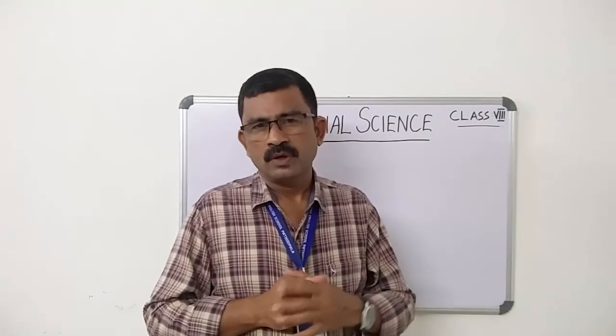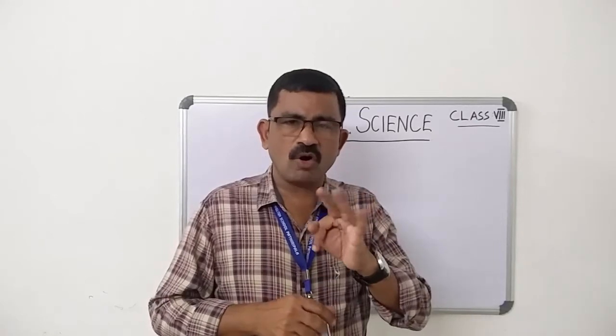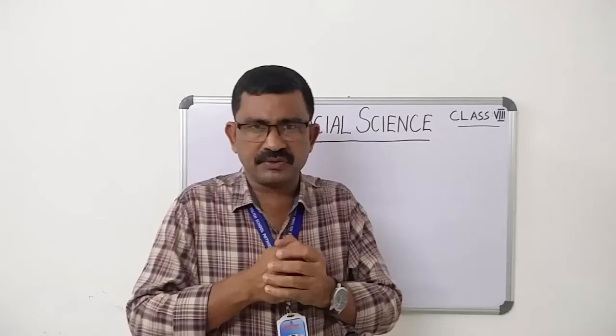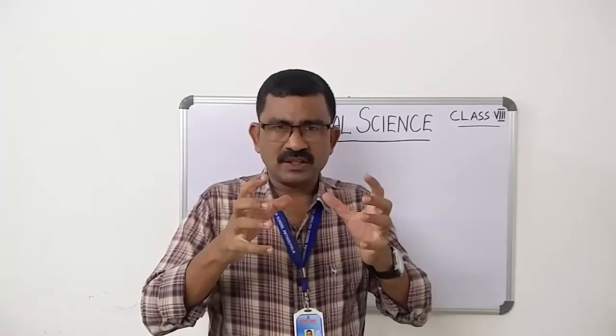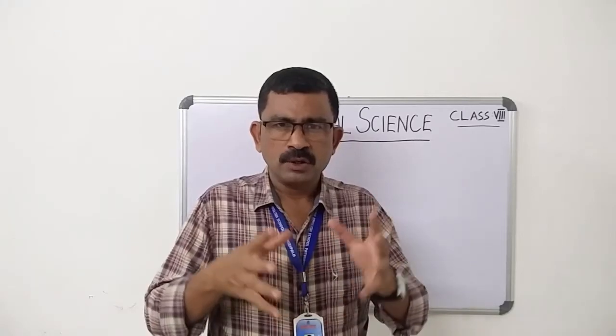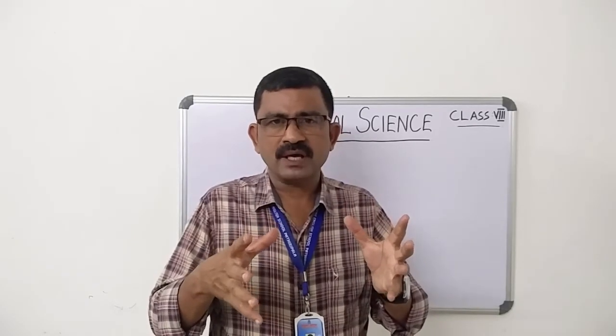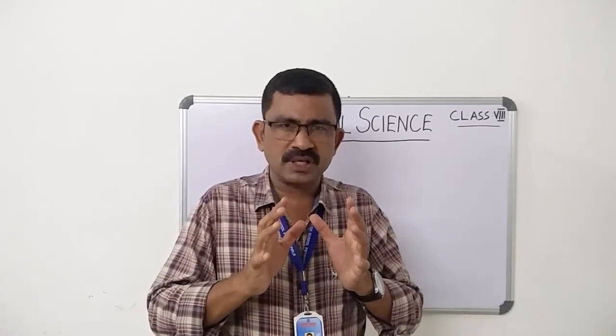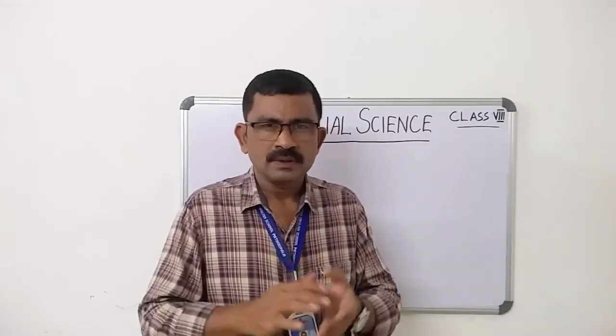Children, you have learned the three organs of the government. The government will affect you when the three organs work together with mutual respect and in accordance with the constitutional provisions.